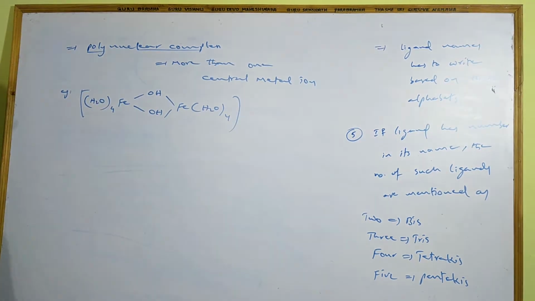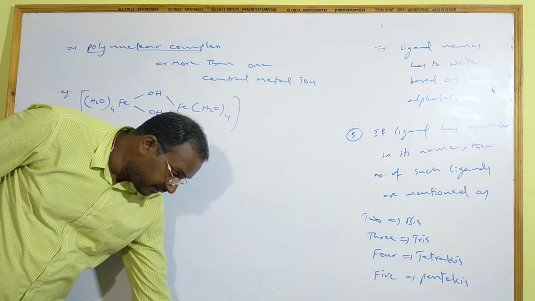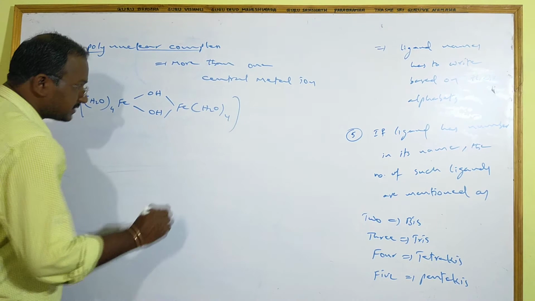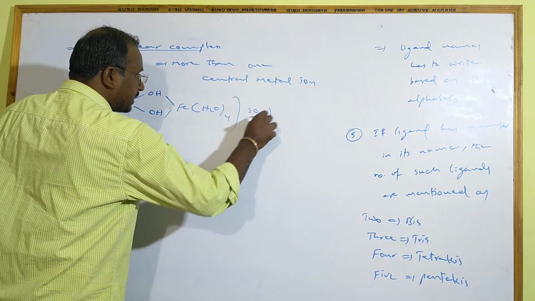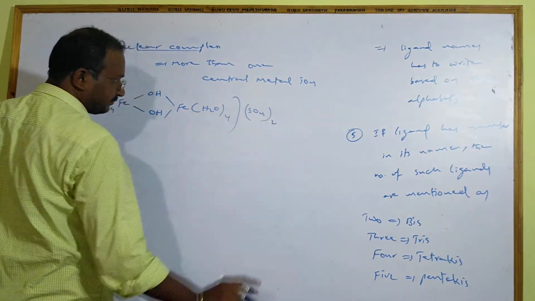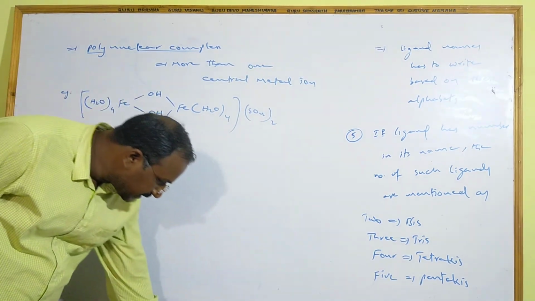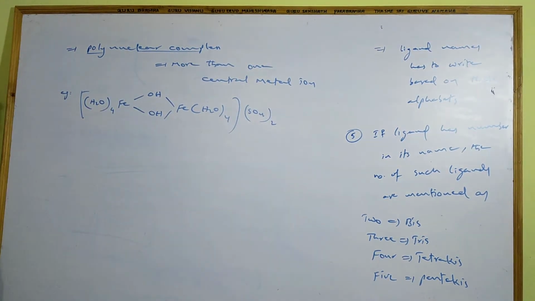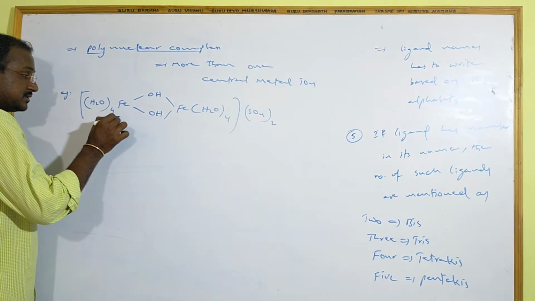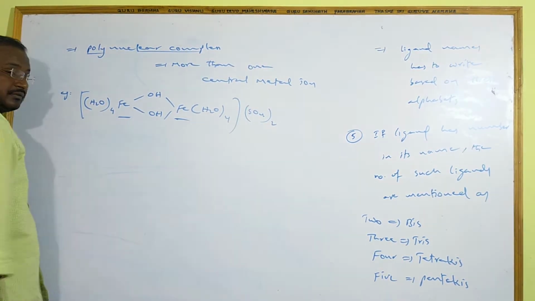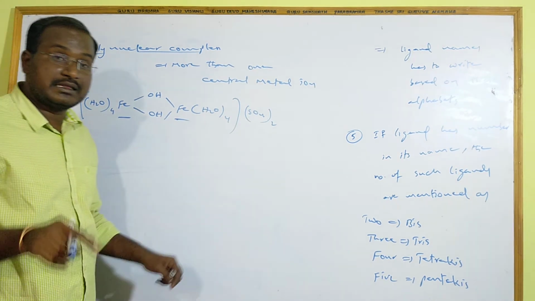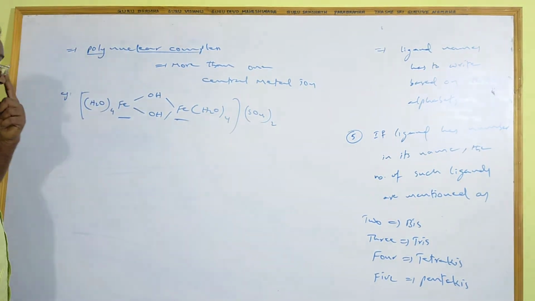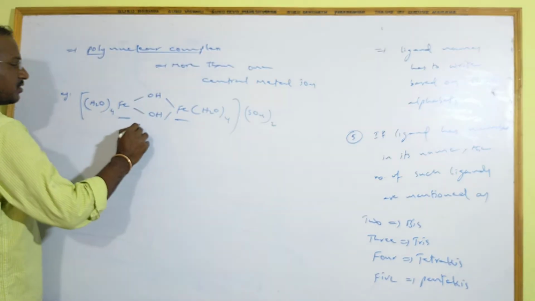This is a polynuclear complex. How am I saying it is a polynuclear complex? SO4 taken twice, as given. There is more than one central metal ion in the complex, and they are linked by some bridge ligands. We call them what?